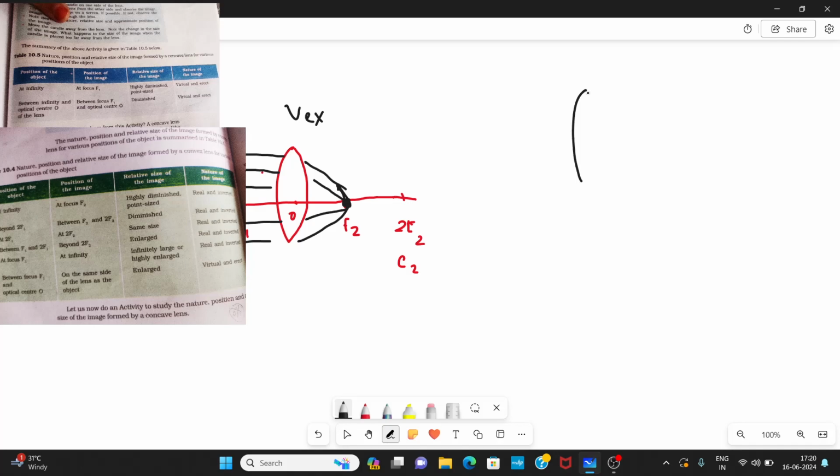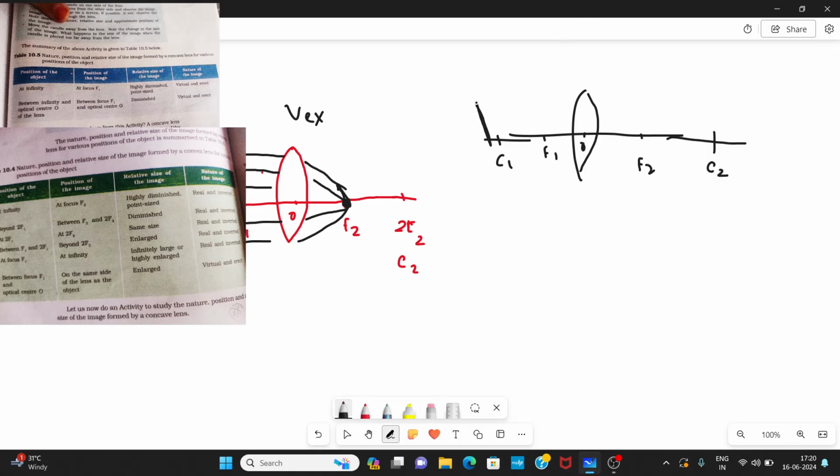Now second, the case is if you are keeping the object beyond 2F1. This is where you are going to keep your object, beyond 2F1 or C1.